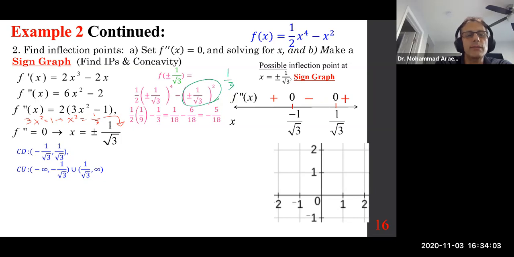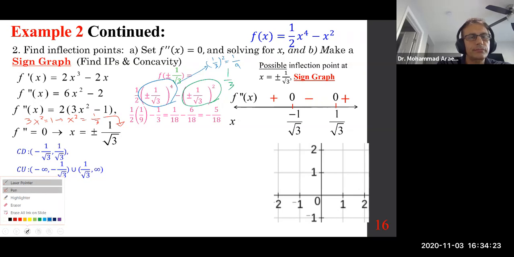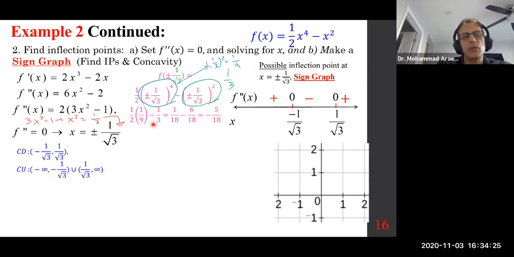Now this one is 1/3 to the second power, or 1 over 9, because it has the exponent 4. Now the rest is easy. Okay, so you have 1/2 times 1 over 9, which is 1 over 18, minus 1/3, which is minus 6 over 18, minus 5 over 18.